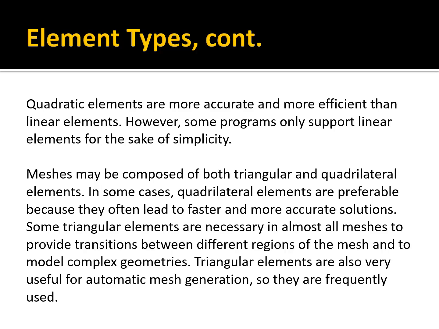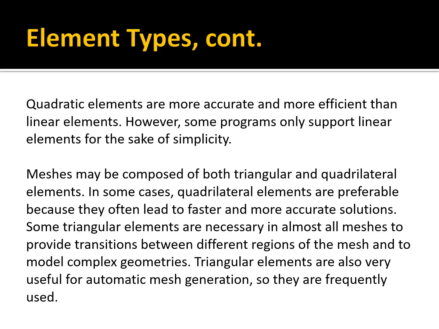And so you can compose your meshes using both triangular and quadrilateral elements, as was the case with the example I showed above. Again, quadrilateral elements, now I'm not talking quadratic versus linear, I mean quadrilateral versus triangles. Again, quadrilateral elements are a little more accurate.